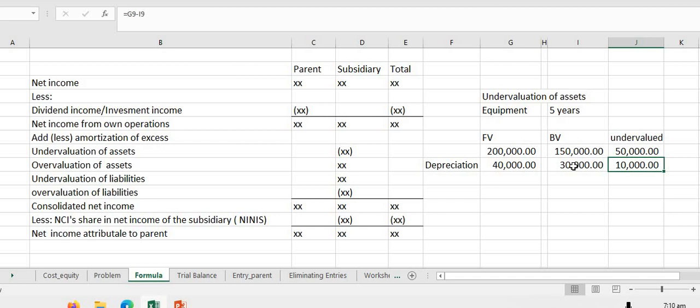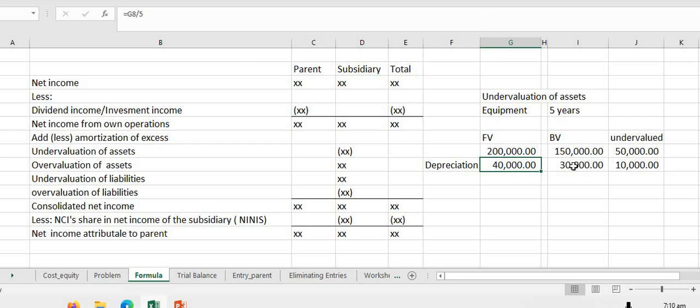So what will happen if our depreciation is understated by 10,000? Therefore, the expenses of the subsidiary is understated. Kasi it recorded 30,000 lang of depreciation, of course, because its depreciation is based on the book value. However, in the consolidated financial statement, its depreciation should have been 40,000.